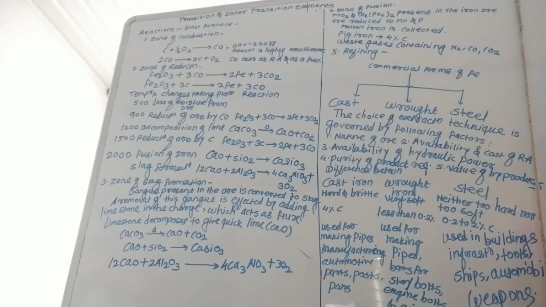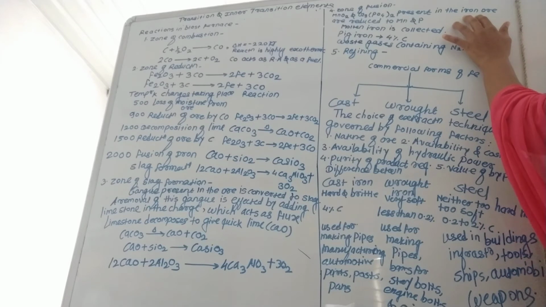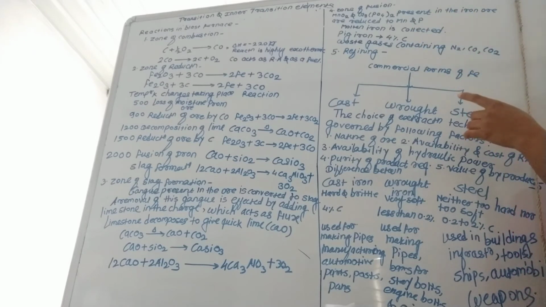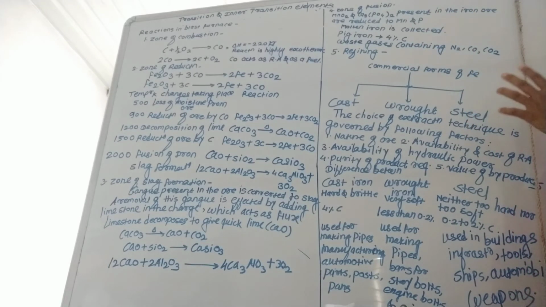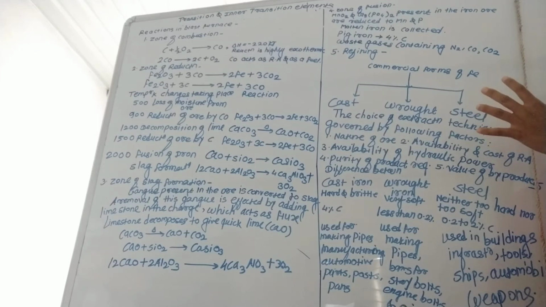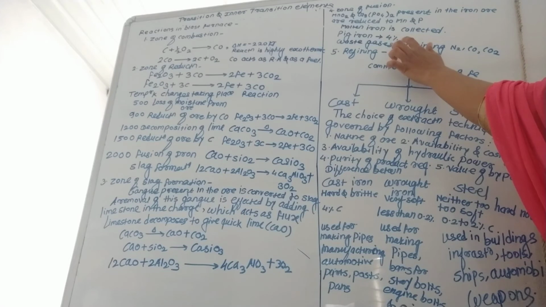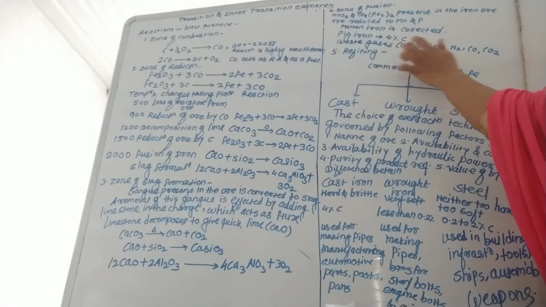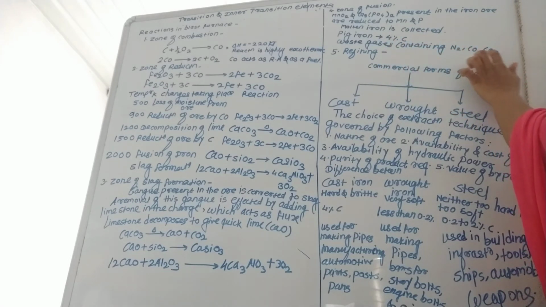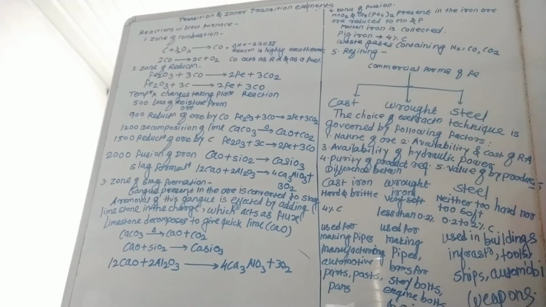Impurities present in iron ore, MnO2 and Ca3(PO4)2, are reduced to manganese and phosphorus. Molten iron is collected. Pig iron has 4% carbon, with waste gases containing N2, CO, CO2. Then next, refining. How can you refine your molten iron? There are commercial forms of Fe: cast, wrought and steel.